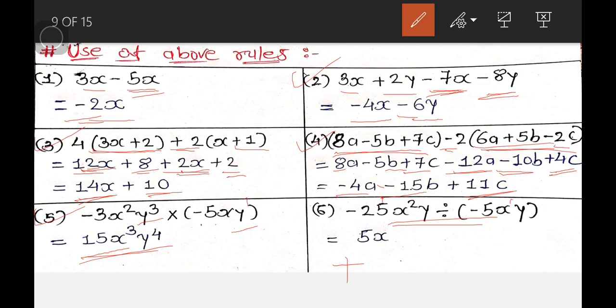So we subtract 1 from 2, then we get x raised to 1. In the first term y has power 1, in the second term the power of y is 1. Then we subtract 1 from 1, then it gives y raised to 0, and we know that y raised to 0 is equal to 1. If the power of any number or variable is 0, then it is always equal to 1. Then the answer is 5x.